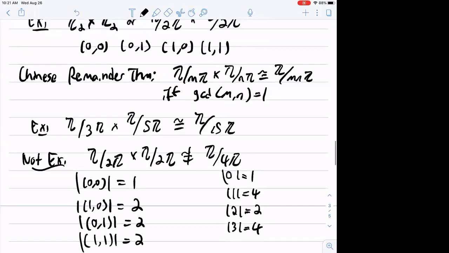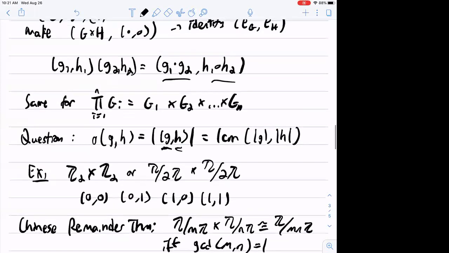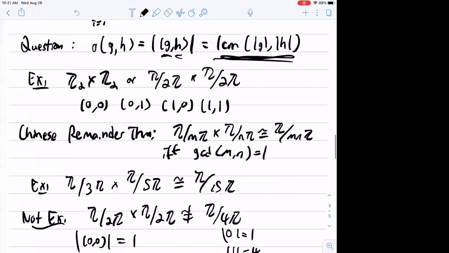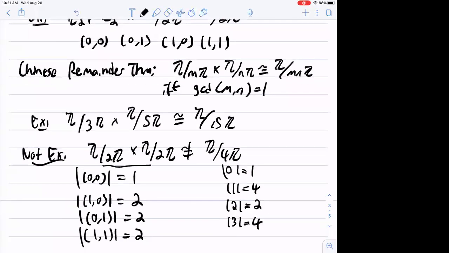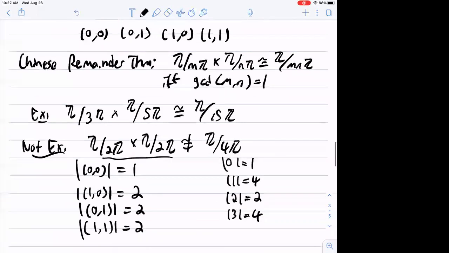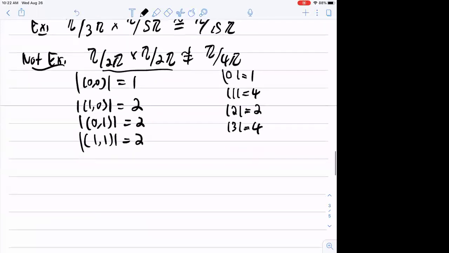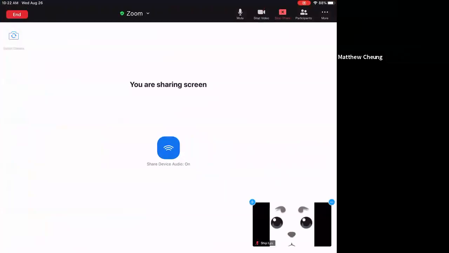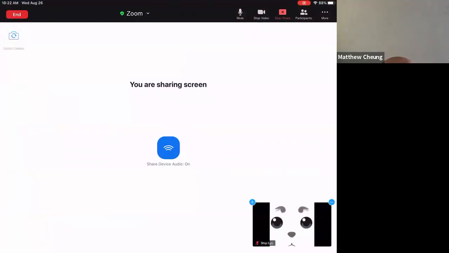And it's exactly the LCM thing. The group on the left-hand side is not cyclic. You have no elements of order 4, so no element generates the whole group. Okay, any questions so far?